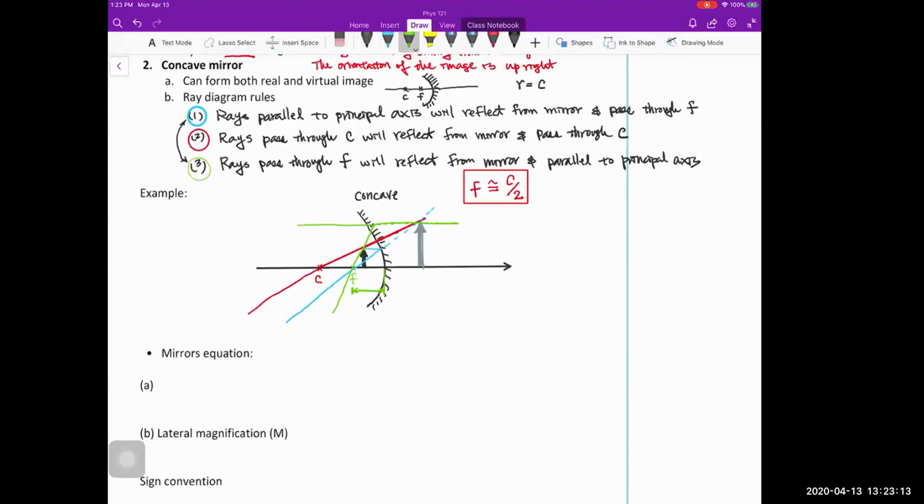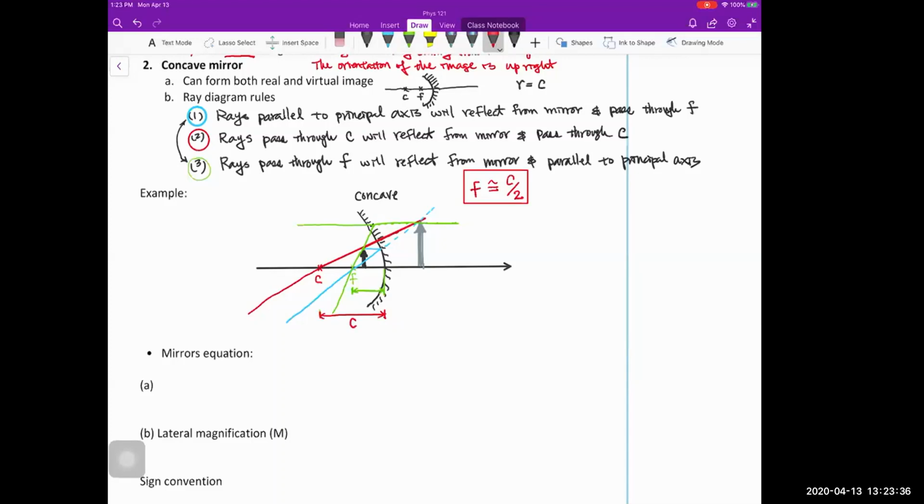So if you have the parallel line coming from the left, all the light will concentrate at that point. That point is what we call the focal point. Now, the radius, which is the C, is the distance from this location to the mirror. So this is the C.